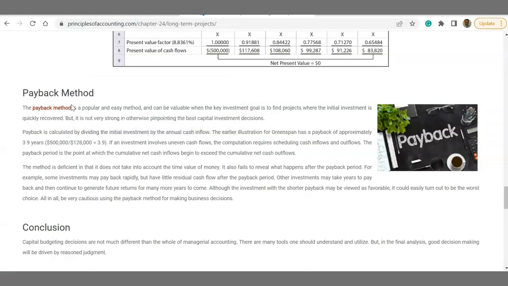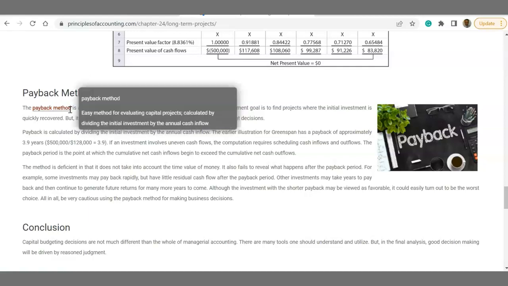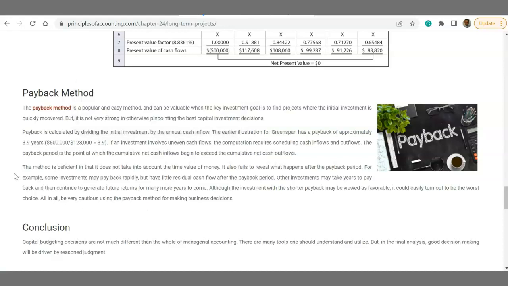That way you can calculate how fast this investment will pay back the initial investment. So let's say 500,000 initial investment divided by 128,000 annual cash flow gives us 3.9 years of payback period.